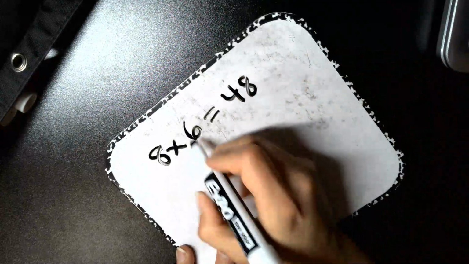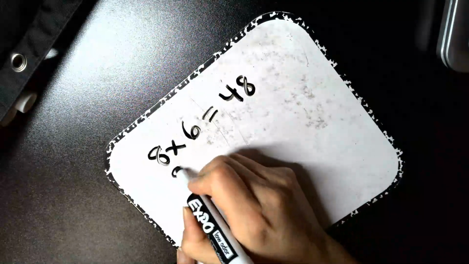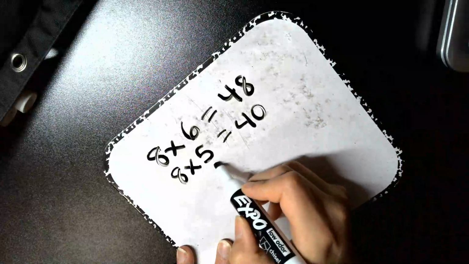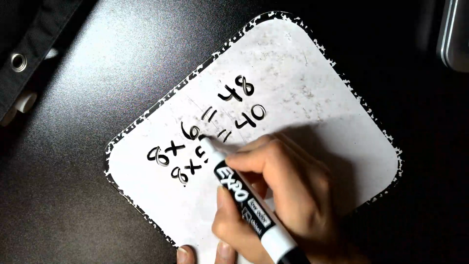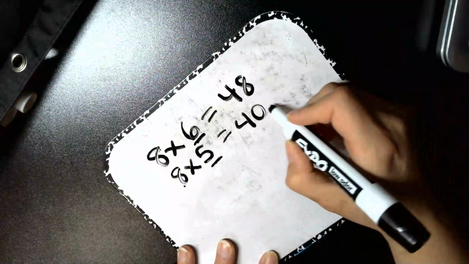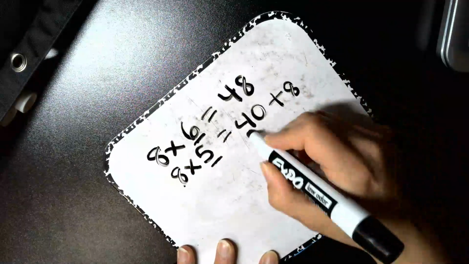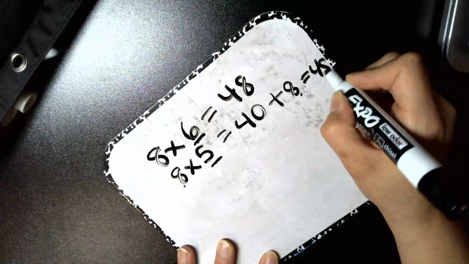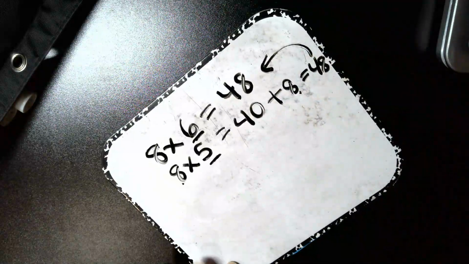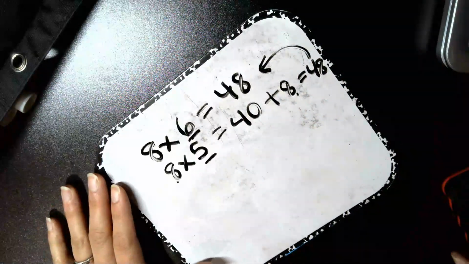And we know that 8 times 5 equals 40. So since we have 5 groups of 8 here, but this one's 6 groups of 8, that means we need one more group of 8, which is just 8. So we can add 40 plus 8, and that equals 48, and that gives us this answer. See? So we can do that with all of our numbers for the 6's.